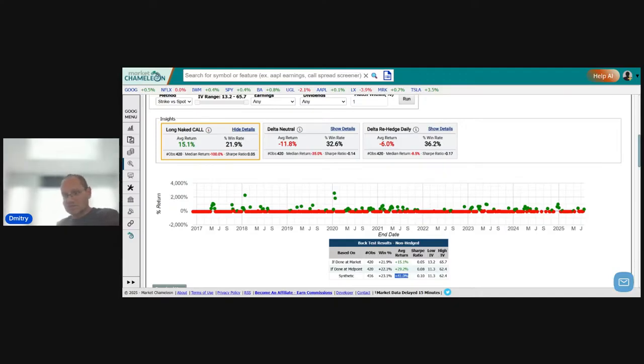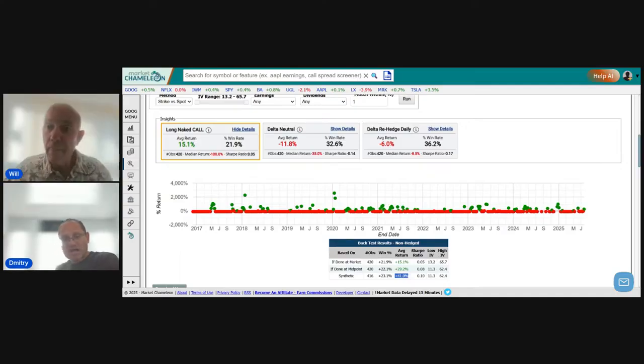And the reason behind that is that you now have a stock component in there, right? Your win rate increased because if you hedge a call by shorting stock, when the stock went down you would have some wins on the short stock that would offset some of your losses.